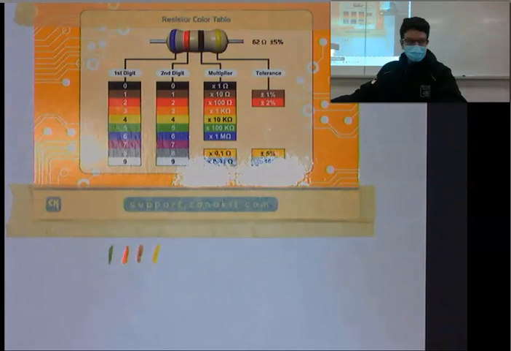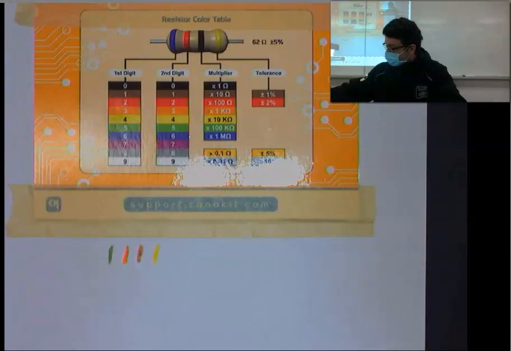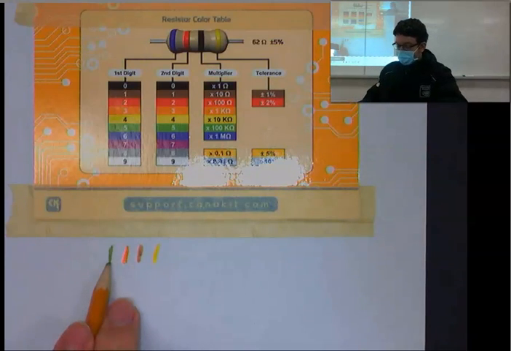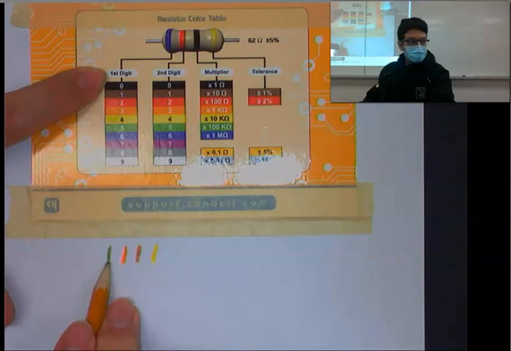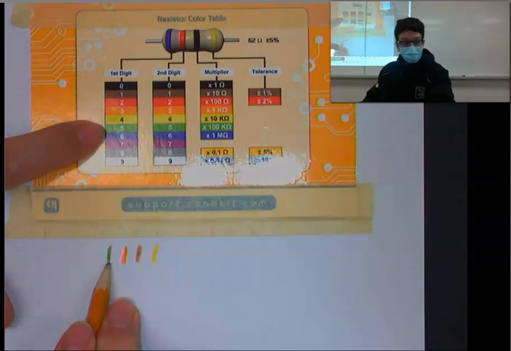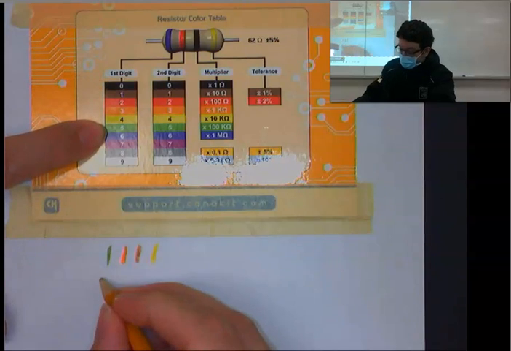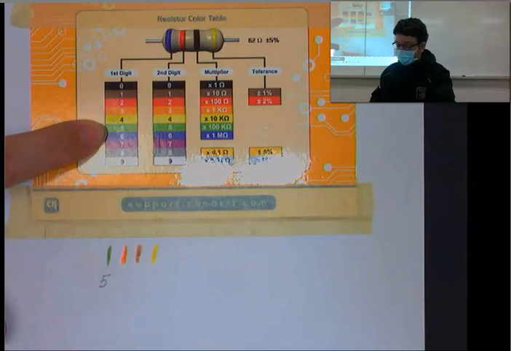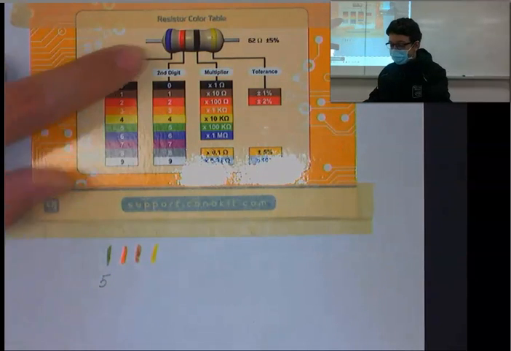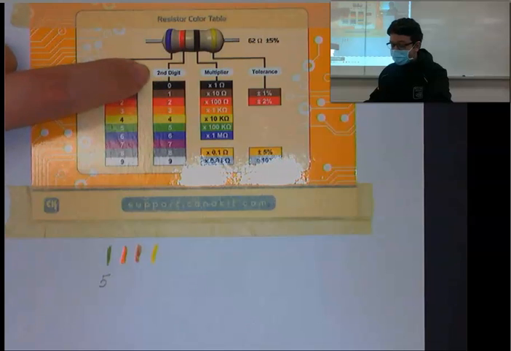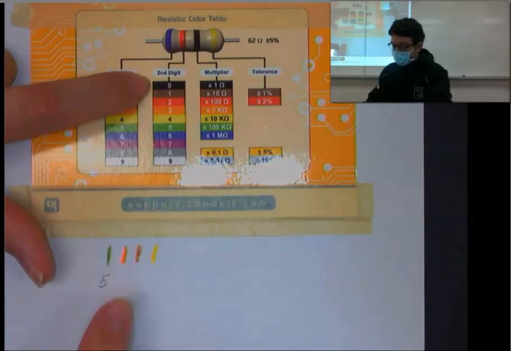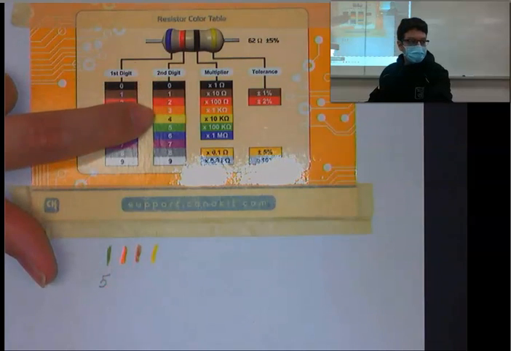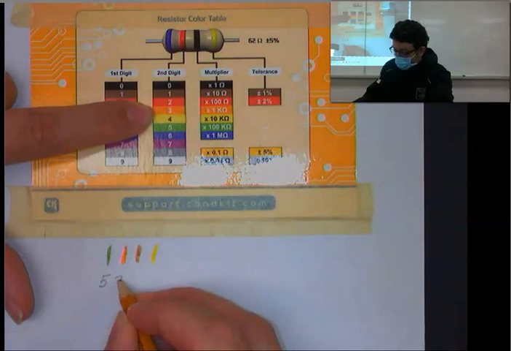So let's say these are the colors on our resistor. The first band is our first digit. So you look for green, and that's a 5. So our first digit is going to be 5. The second band is your second digit. In this case it's orange, so we look for orange, and it's a 3, so 3.